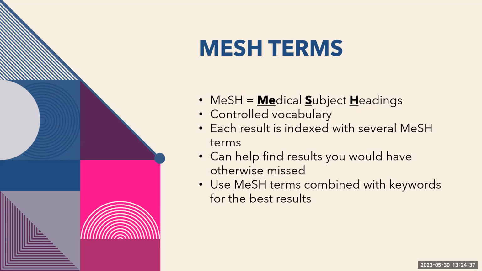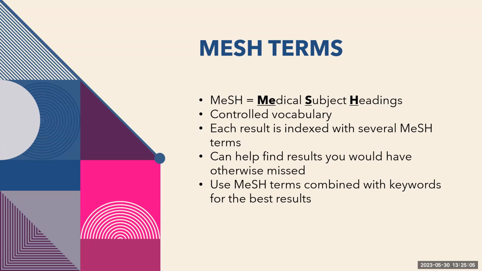And I just wanted to say we never want to restrict ourselves only to MeSH because, like I said, when an article is published, there has to be an indexer who applies the MeSH terms to it. And that takes some time. So you might be missing one of those 5-day-old articles if you are only using MeSH terms.